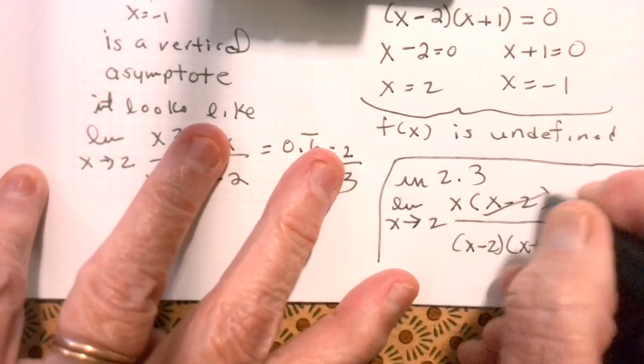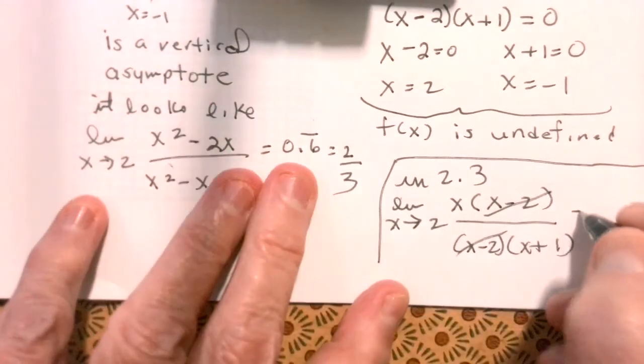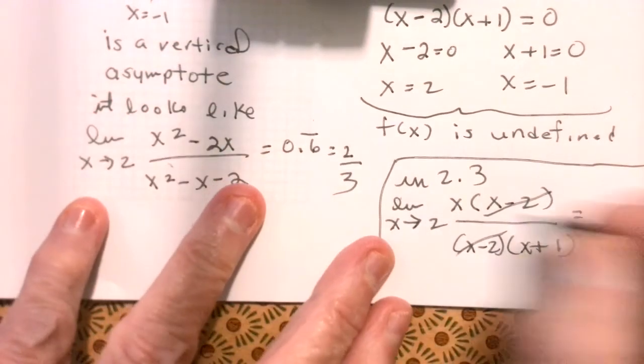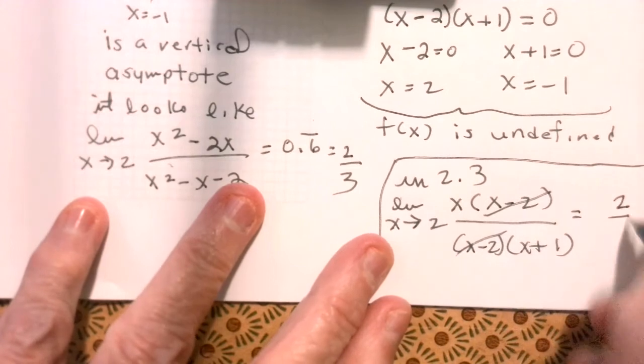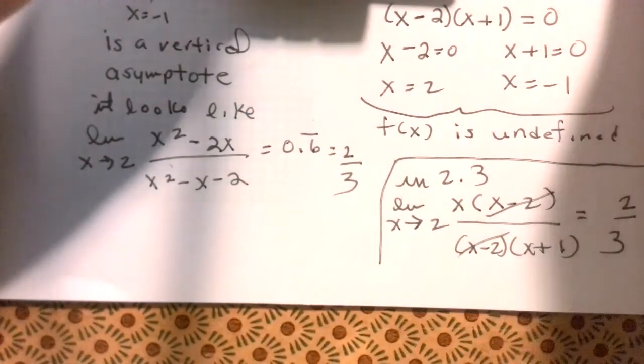Now notice this x minus 2 will cancel with that. And then if we substitute in a 2, because I can do that now, I have 2/3. Okay, so that's what we're talking about when we're talking about a limit. Let me go to the next page.